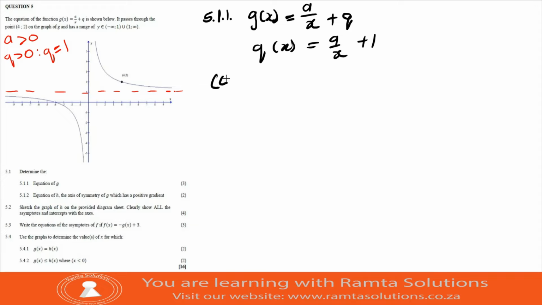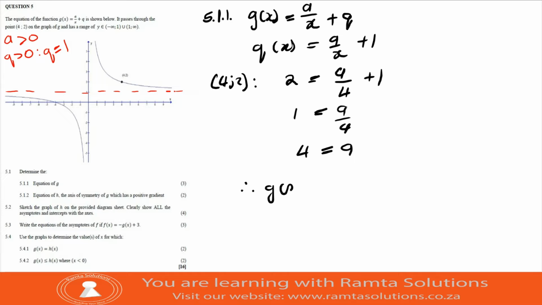So we'll use (4, 2). Where there's x, we put 4. Where there's y, we put 2. So 2 equals a over 4 plus 1. So this is 1 equals a over 4. Therefore, a equals 4. g of x is therefore 4 over x plus 1.